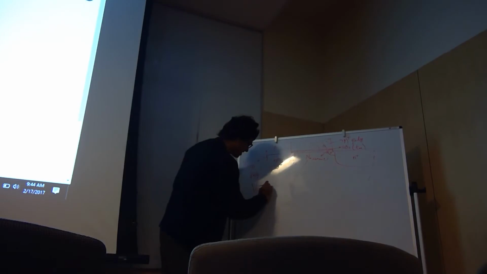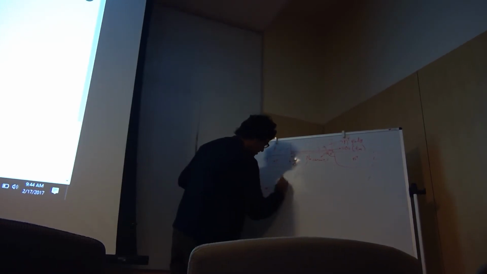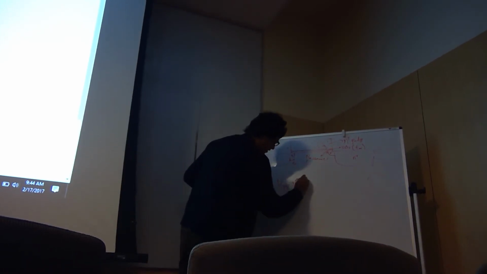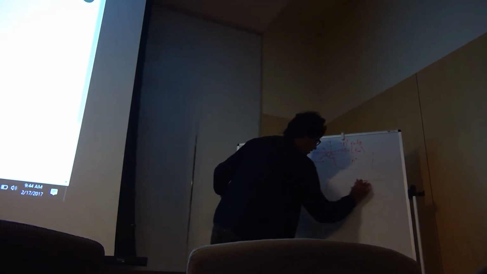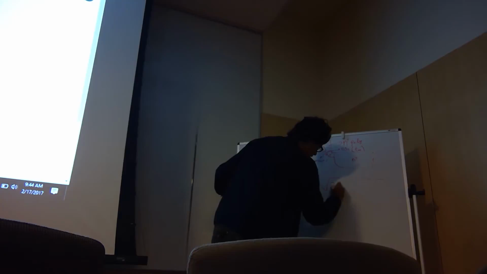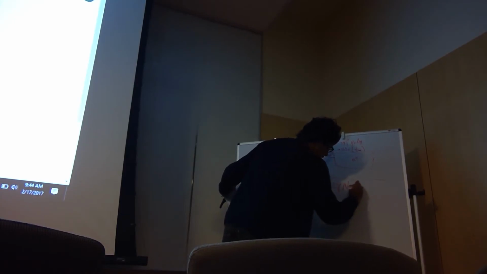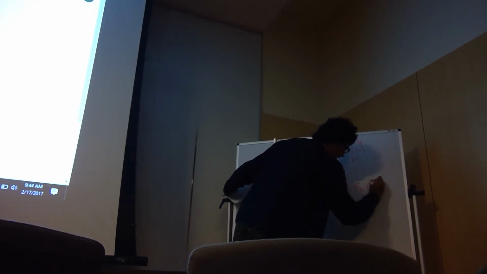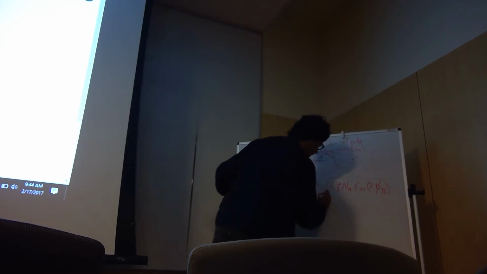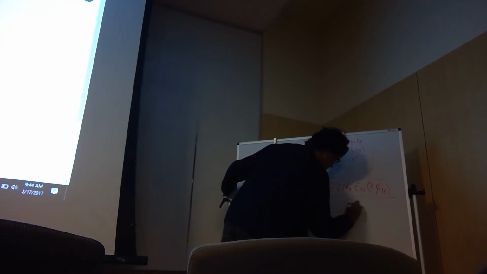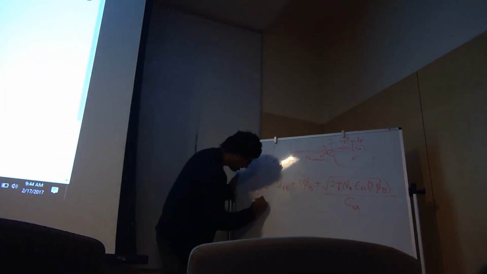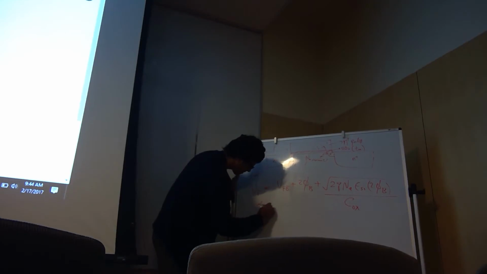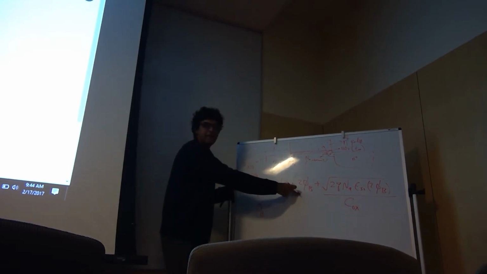Okay, your threshold voltage is... okay, that's it. Your 2φB here, okay, this is called the surface band bending, okay?